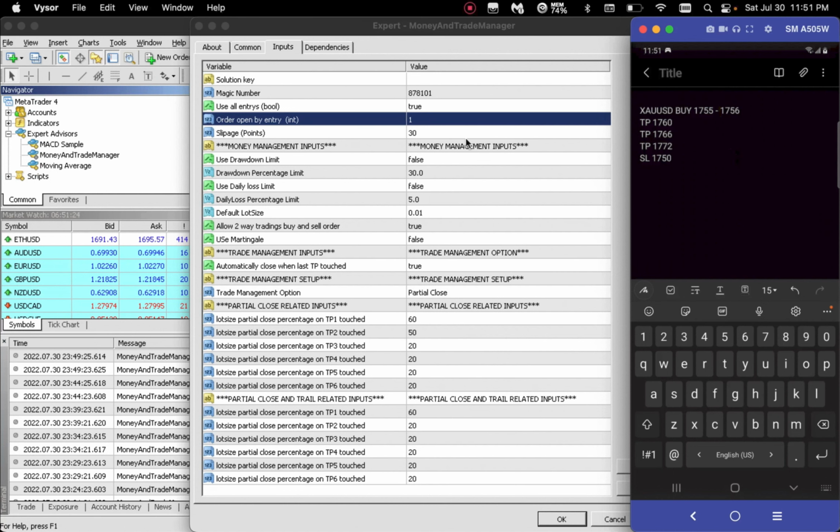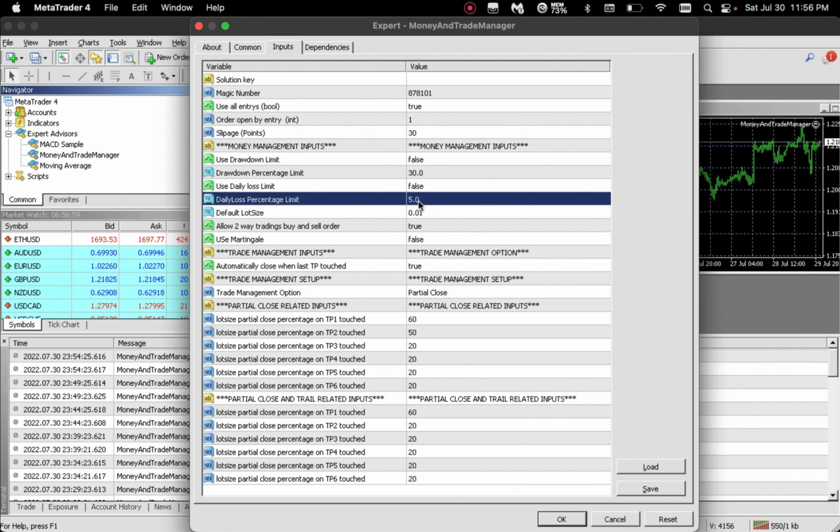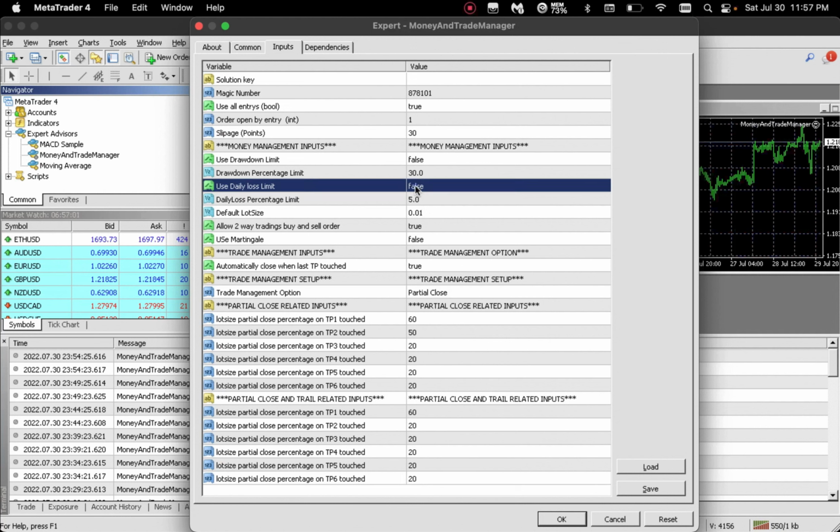We'll go over to the money management inputs. You need to know that if anything here is set to false, you're not using it. So if it's set to false, you're not using a drawdown limit. If it's set to false, you're not using a daily loss limit. So if you want to have a daily loss limit that you don't want to exceed, you just set the percentage right here, like I don't want to lose more than 5% of my capital, and then you set this to true.